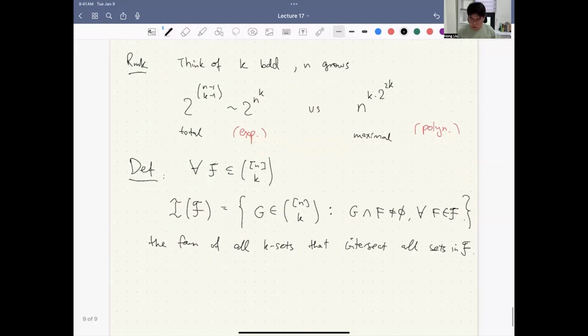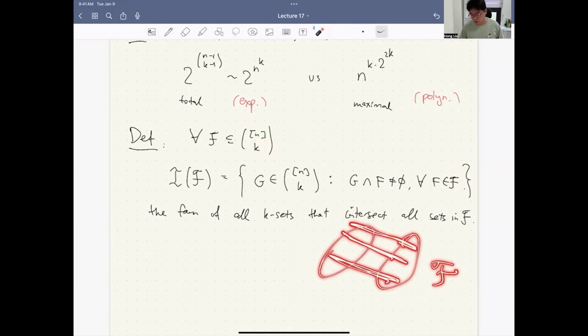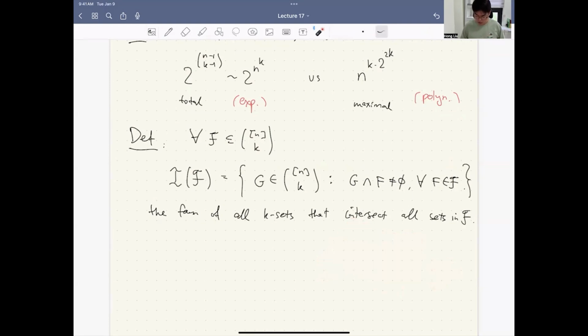If you want to see a picture, if this is F, it doesn't have to be intersecting, then I(F) will be those that have to intersect everything in F. Look something like this.